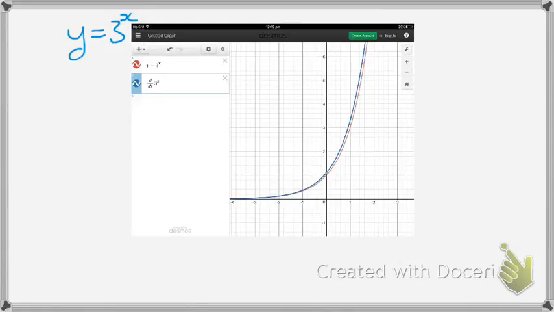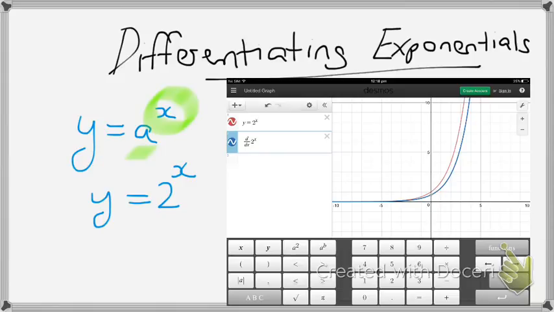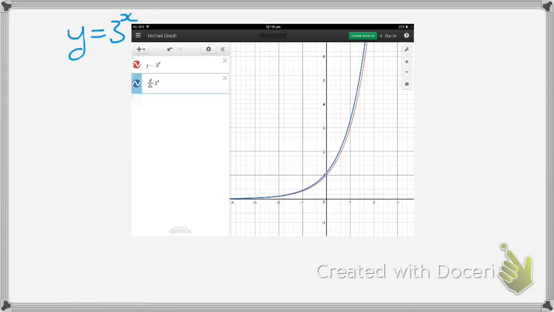And there we have it. The shape of the derivative of 3 to the x is very similar to the shape of 3 to the x, except this time it's a little bit above. So we saw that for 2 to the x, the derivative is below, and for 3 to the x, the derivative is above.